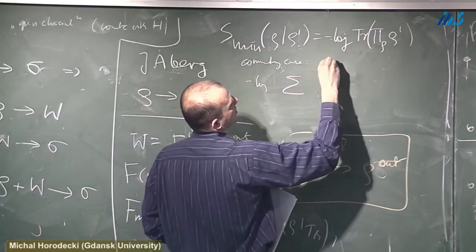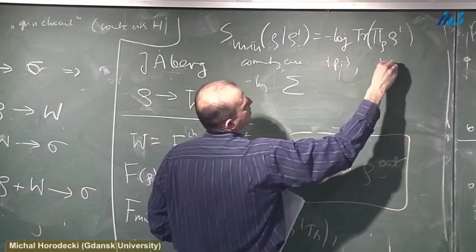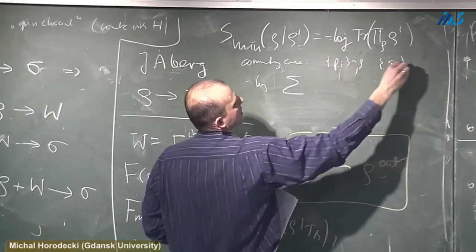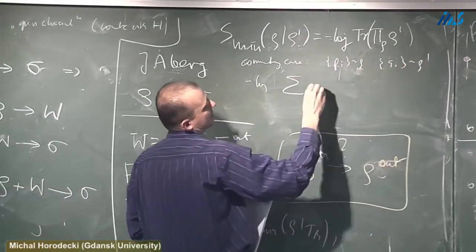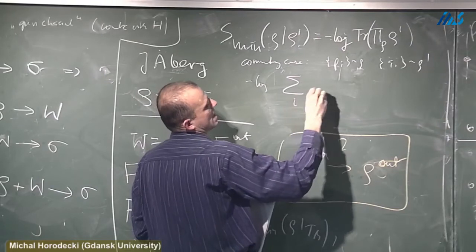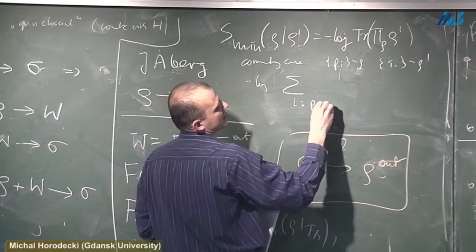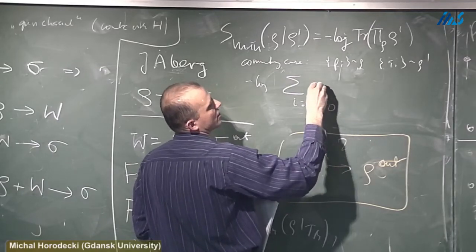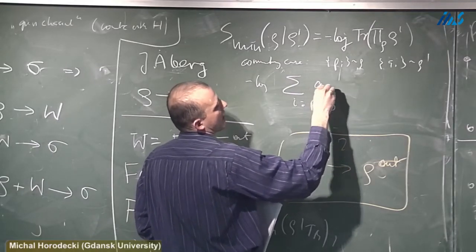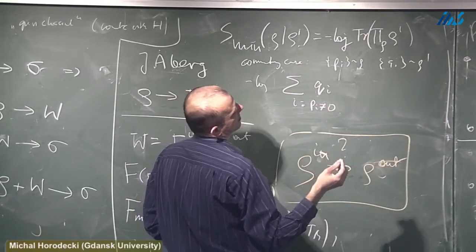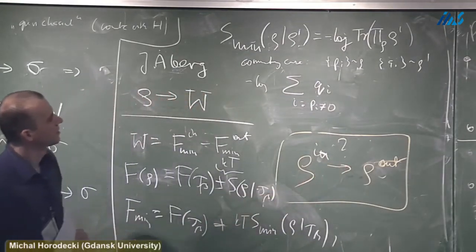So we have probabilities p_i and q_i. So that's rho prime, and then we have, for such i that p_i is different than 0, q_i. Such a thing.